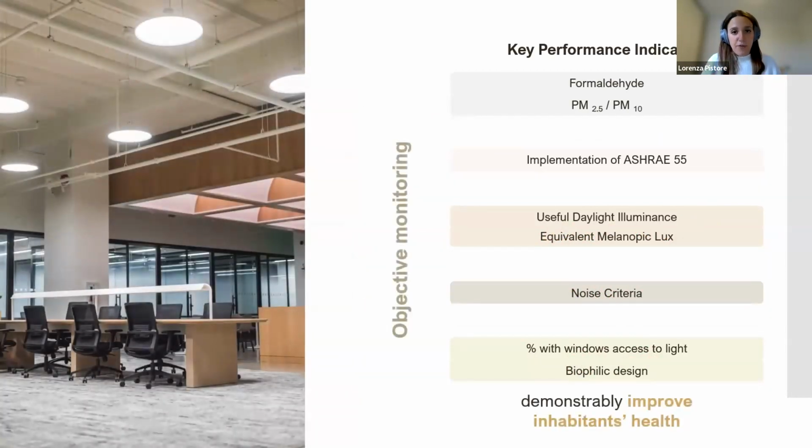If we look at the key performance indicators, as you can see, there are some indicators that can be addressed by means of an objective monitoring, so that can demonstrably improve the inhabitants' health and that we can actually monitor inside the environment.